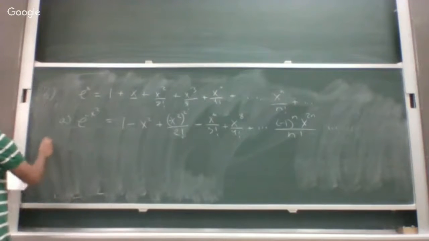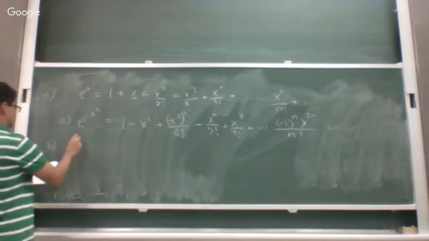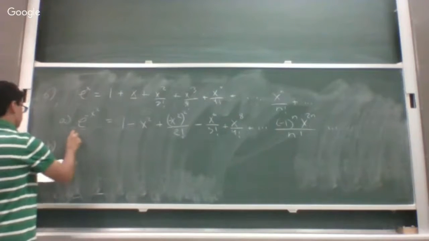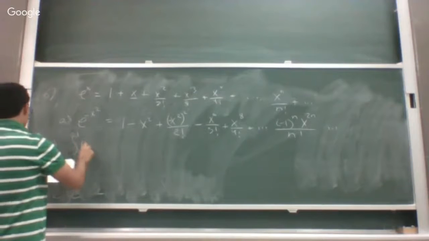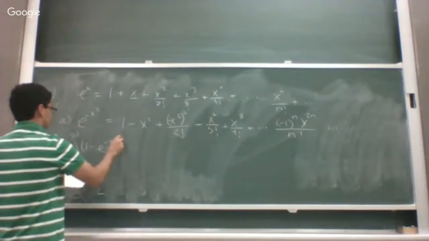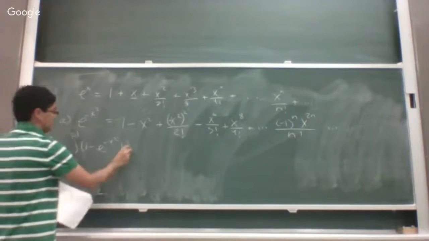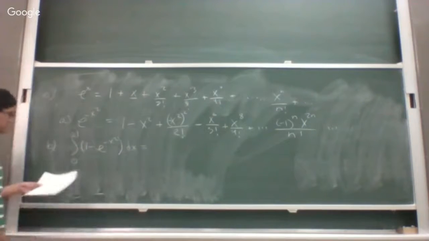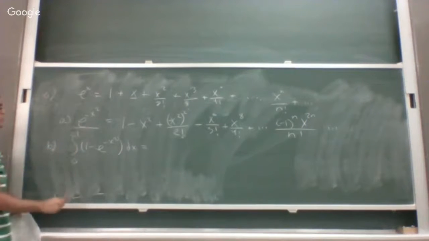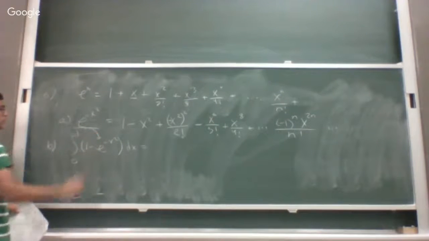Then for part B, we have the question, the integral from 0 to 0.1 of 1 minus e to the negative x squared dx. Since we know what e to the negative x squared is, we sub in for that.